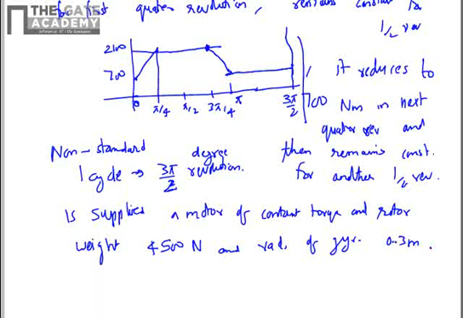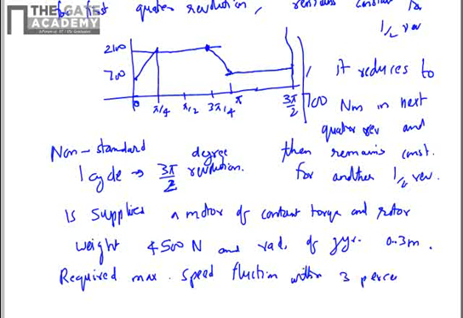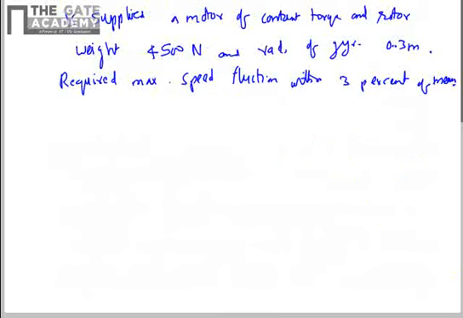It is desired to limit the maximum speed fluctuation within 3% of mean speed. This will be accomplished by providing an additional flywheel.